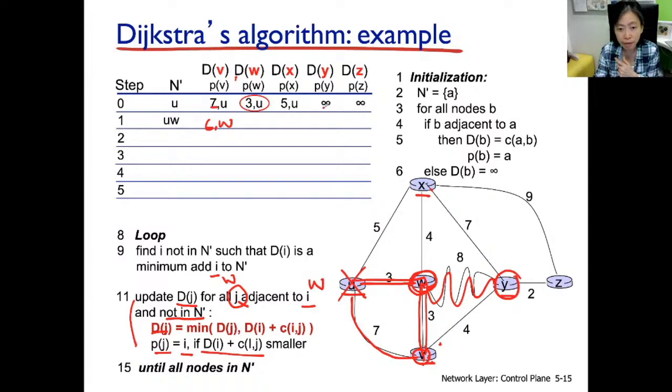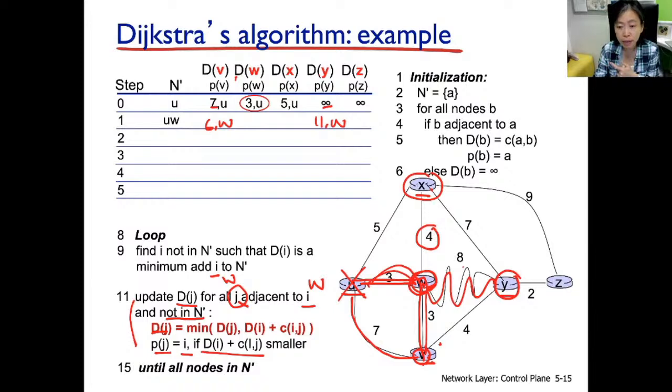Second neighbor, Y. Previously, dy was infinite. Currently, if we use W as a hopping node, 3 plus the link cost between W and Y, 8, together 11. Obviously better than infinite. And the predecessor is W. Third neighbor of W, X. Exploiting W as the platform, and then adding the link cost between X and W, that is 7.